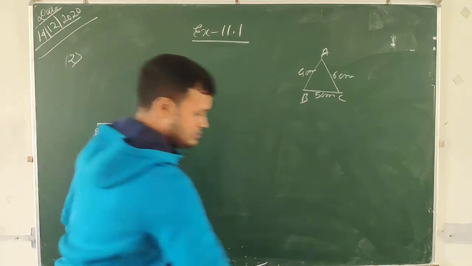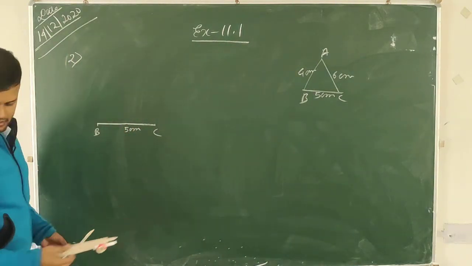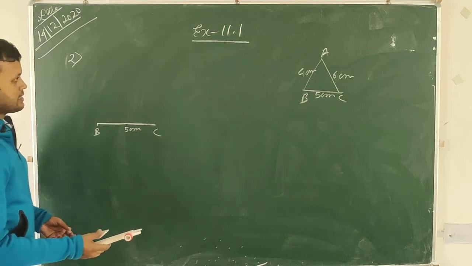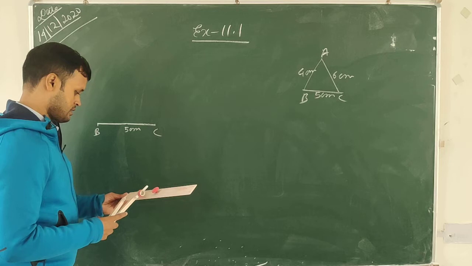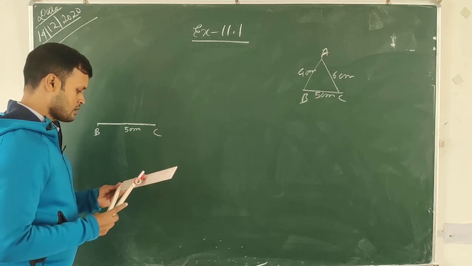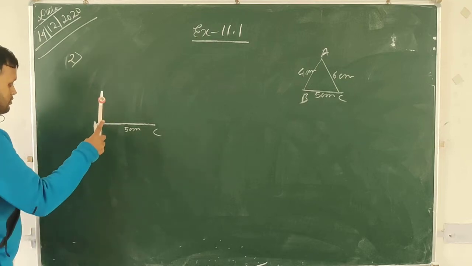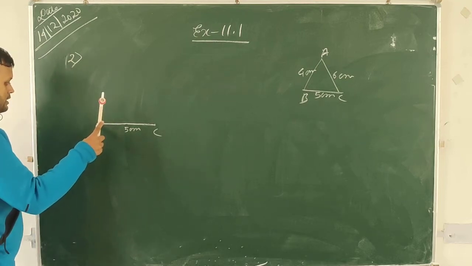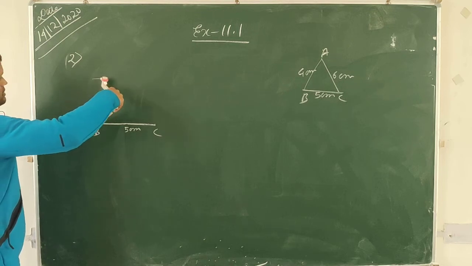Then next we will draw AB. For drawing AB, we will take an arc with radius equal to 4 cm, and draw an arc like this.